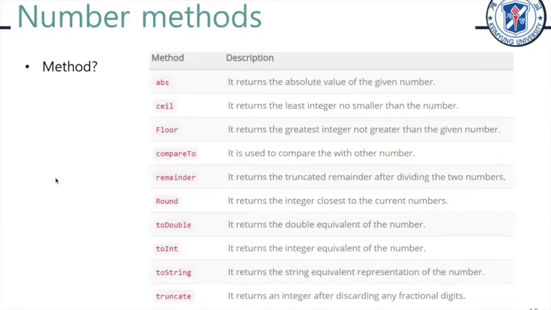And there are also methods that are associated with numbers. For instance, if you use remainder, it will calculate the remainder and give you the number. Or you can convert a number into a double, or convert from a double to an integer. These are the methods associated with variable types int and double.